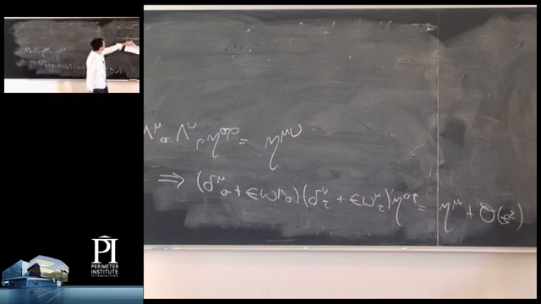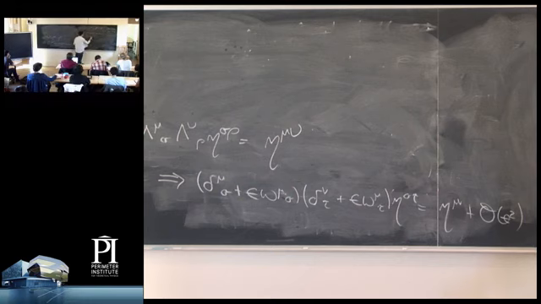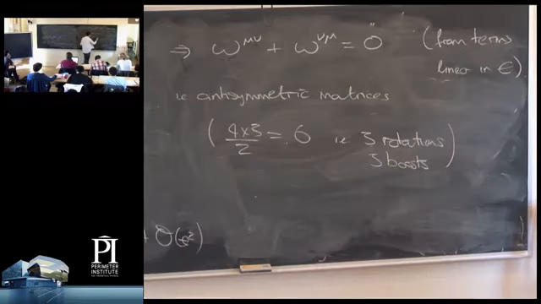Okay, so what we want for infinitesimal Lorentz transformations are antisymmetric matrices. So these are 4x4 matrices. How many antisymmetric matrices are there? Well, there's 4 times 3 divided by 2, which is 6 possible matrices. And this is exactly what we wanted because the Lorentz transformations consist of 3 rotations and 3 boosts.